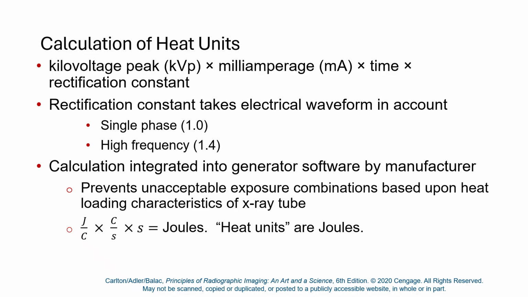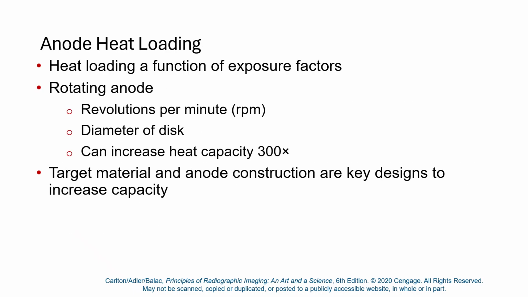And then there is the proof that I gave you before that joules over coulombs, which is volts, times coulombs per second, which is amps, times seconds is just joules. Anode heat loading is a function of exposure factors, okay?